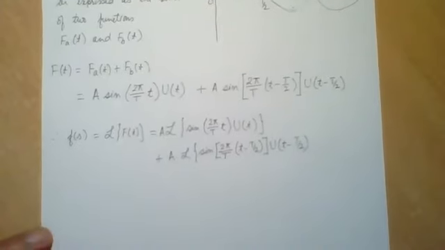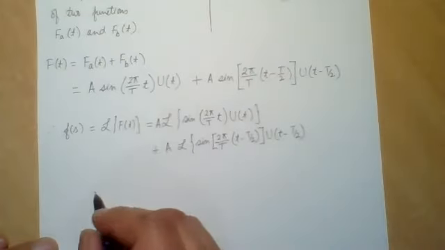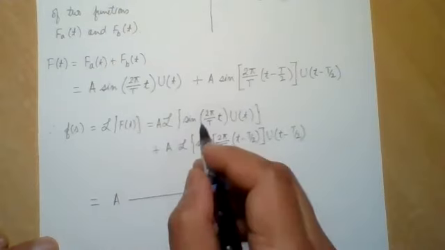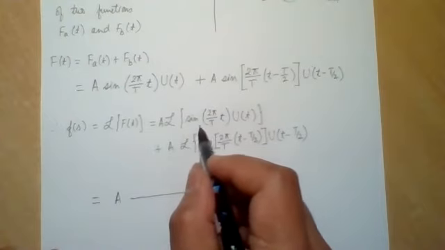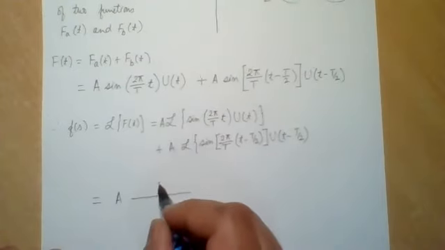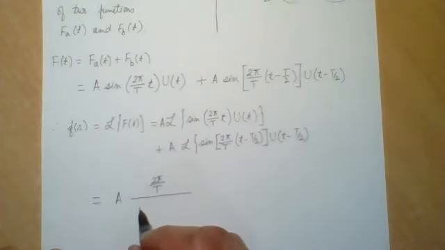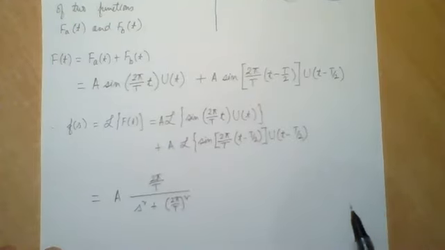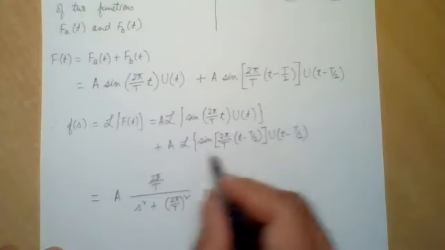Now the Laplace transform of the first function is equal to A times this. First we take the Laplace transform of sine omega t. Sine omega t is omega, that is twice pi by capital T, divided by s square plus omega square, that is twice pi by capital T whole square, plus A times the Laplace transform of the second term.